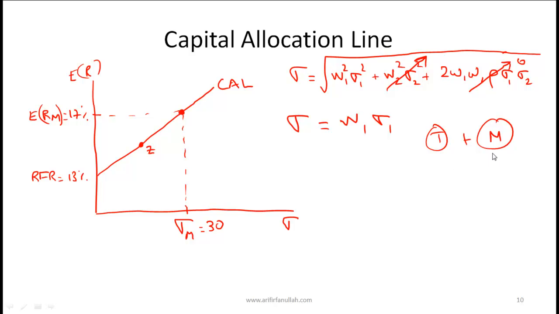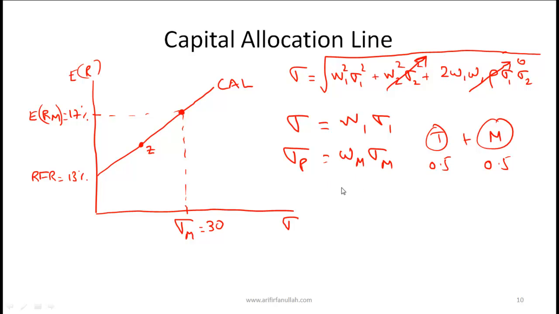So if the weightage is 50% in T-bills, 50% in the market, then the standard deviation or the riskiness of any portfolio along the CAL is simply equal to the weightage of the market portfolio times the standard deviation of the market portfolio.